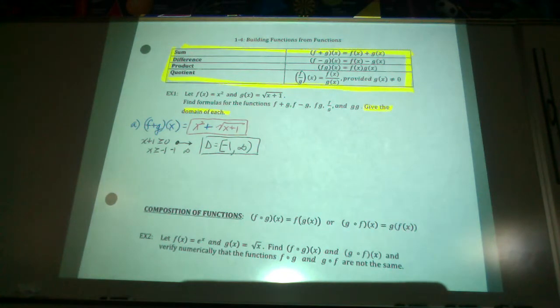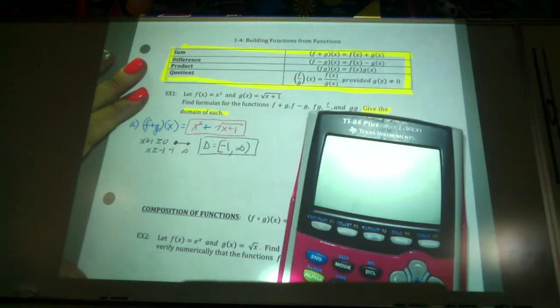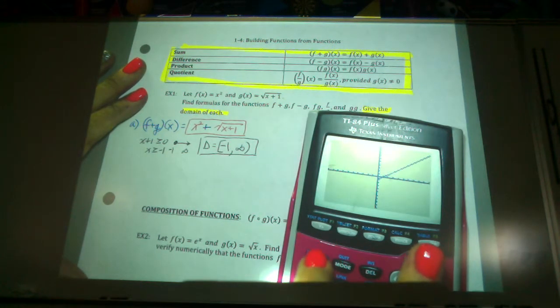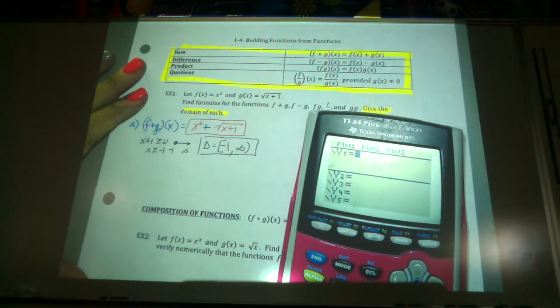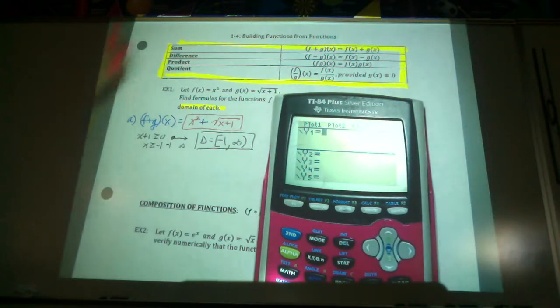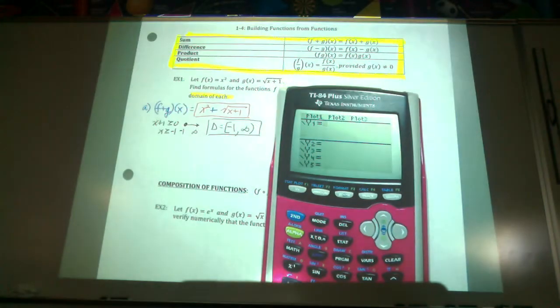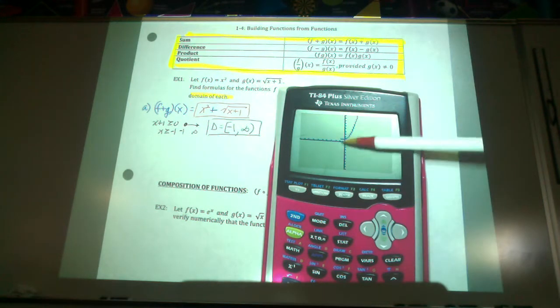And let's just check this on our calculator. Let's put in x squared plus the square root of x plus 1. Isn't it starting here at negative 1?